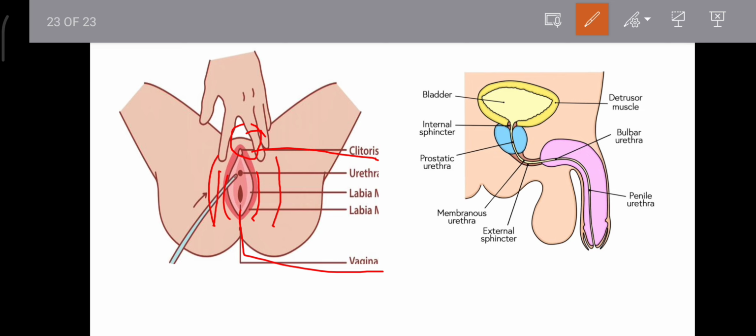And for the male urethra, here is the prostate. It passes through the prostate like this, and this path is long, 20 cm in length, and the female urethra is 4 cm in length, and this is the major and significant reason for female UTI, that is urinary tract infection.